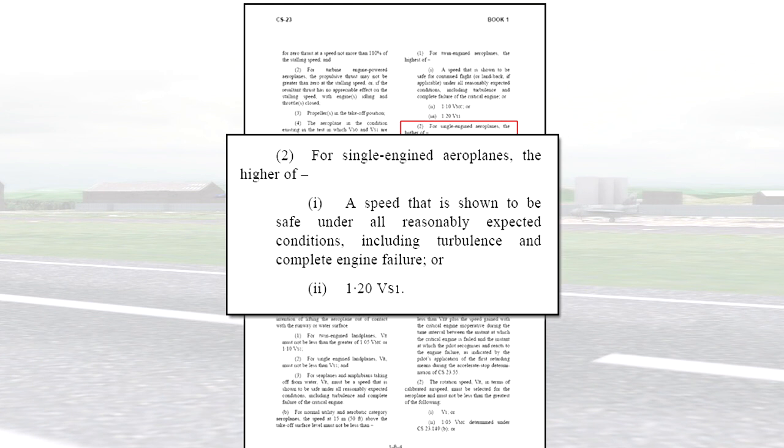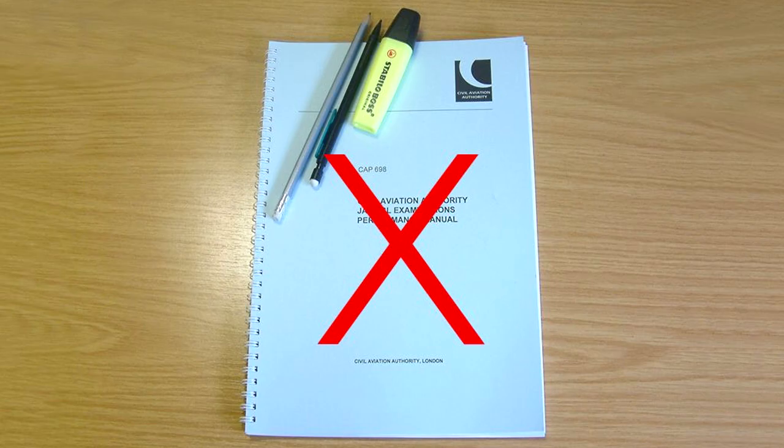You will recall from an earlier lesson that the speed that must be obtained at the screen height is commonly referred to as the takeoff safety speed. The certification regulations about VR and the takeoff safety speed are not found in CAP 698 and therefore must be committed to memory.